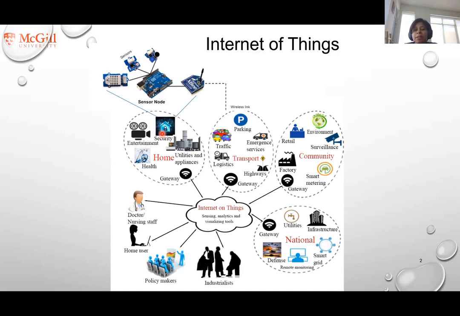Sometimes there are also actuators in different places, and the person looking at the data gives their decision back to the actuator to work on a certain thing. This is the whole idea of the Internet of Things. We can envision that there have to be many sensors deployed in different scenarios.